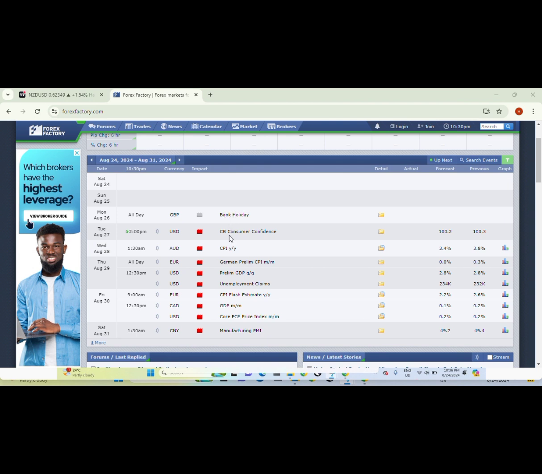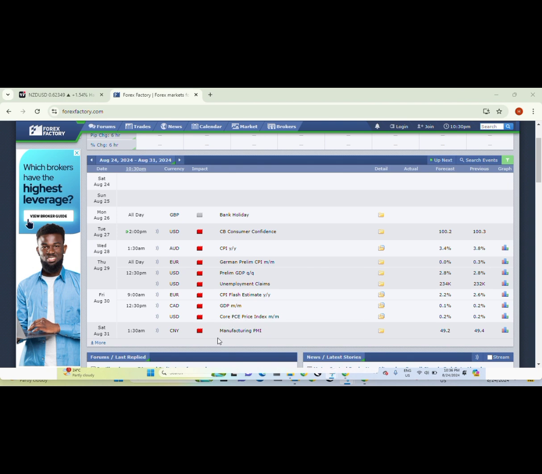Now on Tuesday we have USD major news, which is the consumer confidence news, then CPI news from Australia, then we have the CPI news from Europe, then GDP from USD, then unemployment claims, then we also have GDP from Canada, which is the Canadian dollar, then Euro, then USD.